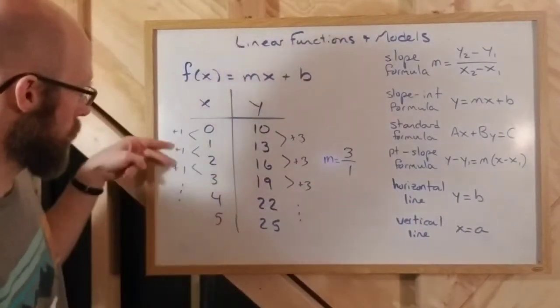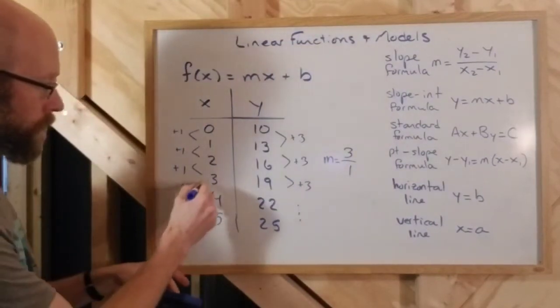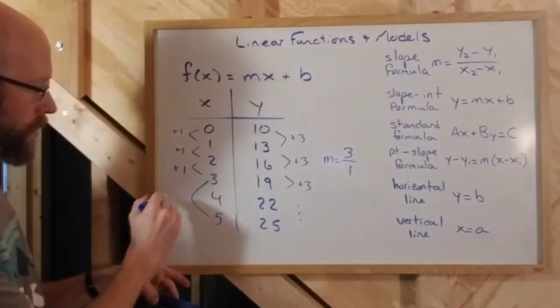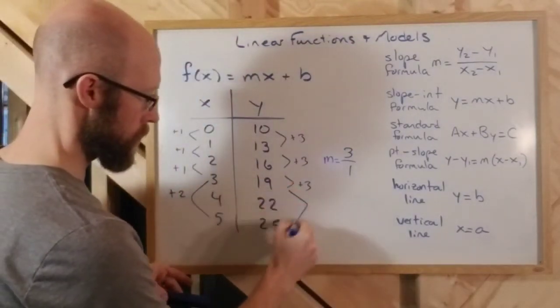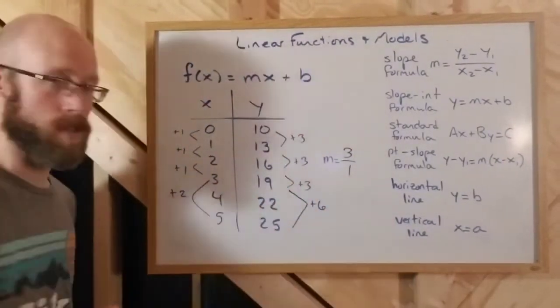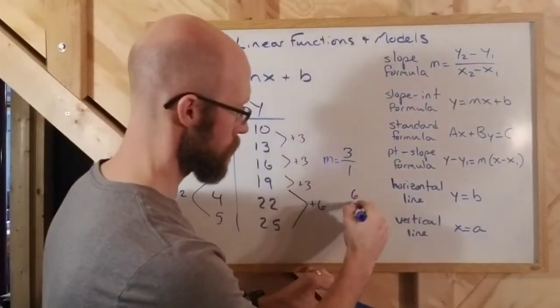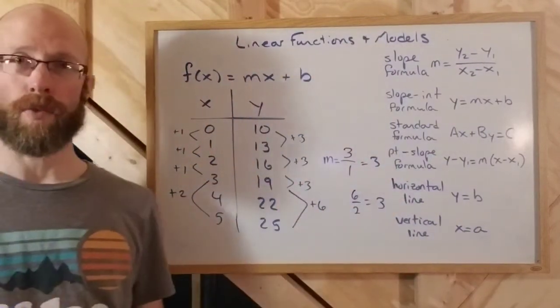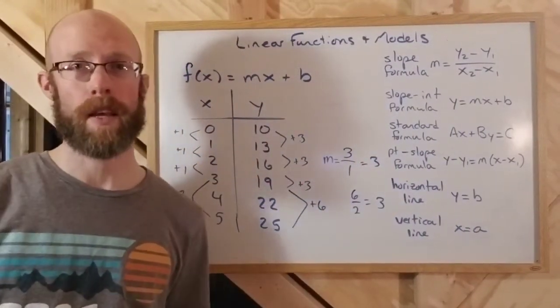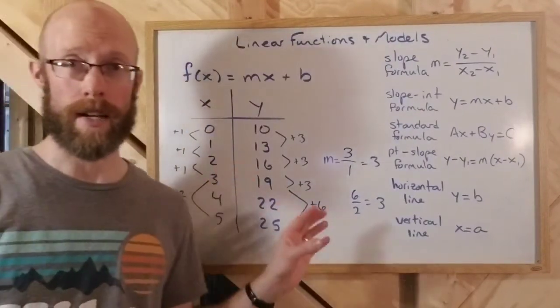Now, if you had a gap of 2 on the left, so if you went from 3 to 5, right, that's an increase of 2. Well, correspondingly, from 19 to 25, you actually have an increase of 6. And so when you divide them out, 6 to 2, you still get that same slope of 3, right? The same ratio. So the simplified form will be the same. Okay, so that works for lines.